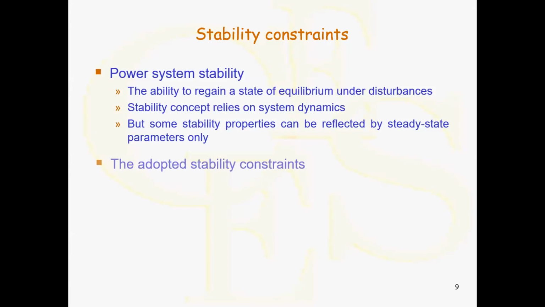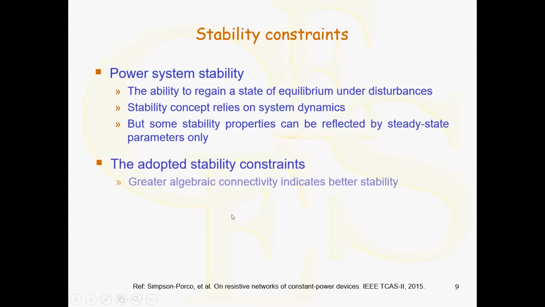And in this work, we adopt the following constraint as a regulation of system stability, where lambda 2 denotes the second smallest eigenvalue, or equivalently the algebraic connectivity, of the admittance matrix.